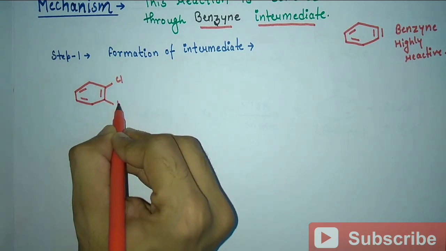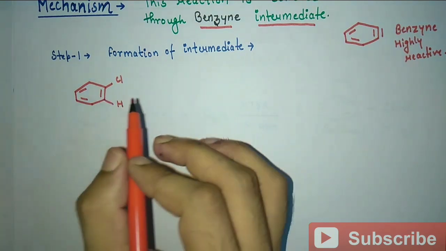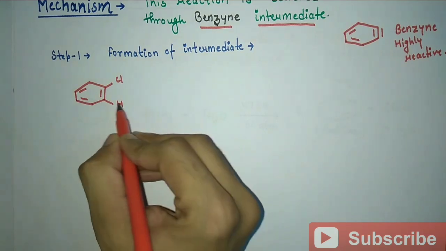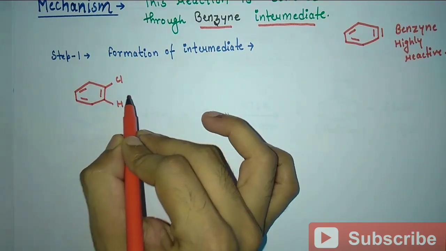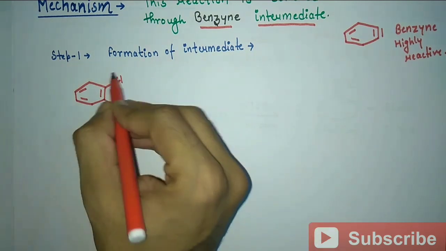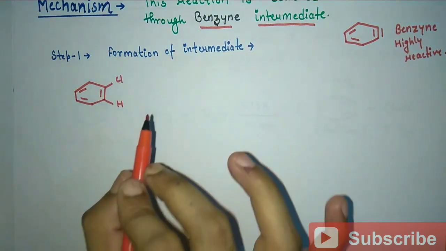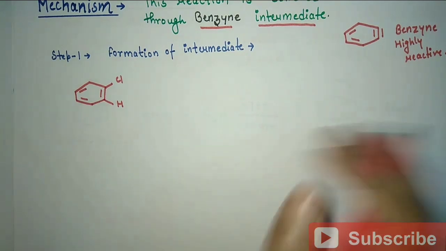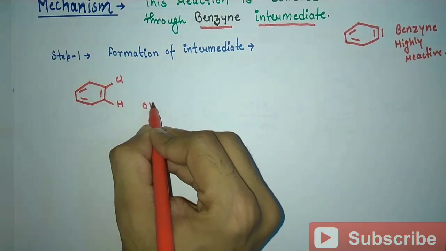In the first step, the base removes the hydrogen atom from the benzene ring in the form of H plus ion to form a carbanion, which loses the chlorine atom to form benzyne as an intermediate. This is our base.